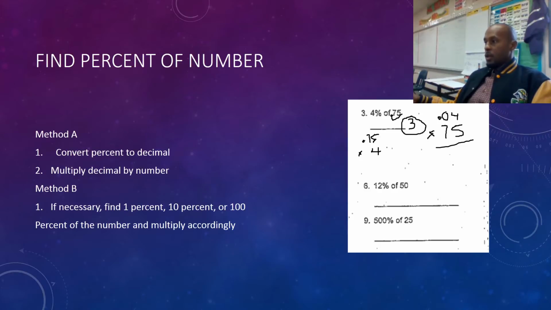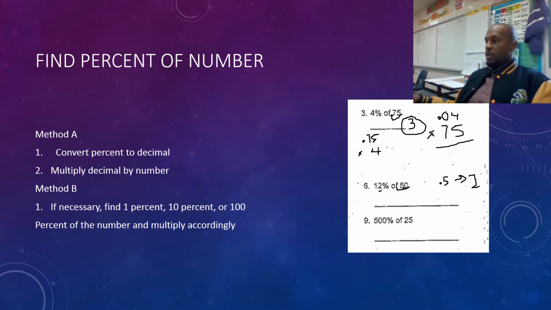All right, number 6, 12% of 50. 10% of 50 is 5, because I move my decimal over one time. 1% of 50 is 0.5. So if I know 1% is 0.5 and 10% is 5, I'm going to find 2%. 2% is 0.5 times 2, which is 1.